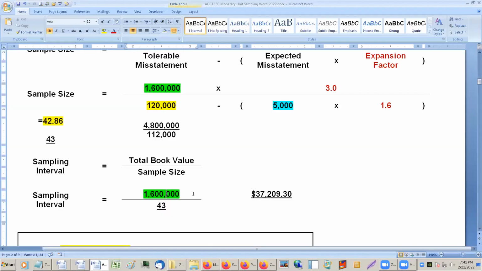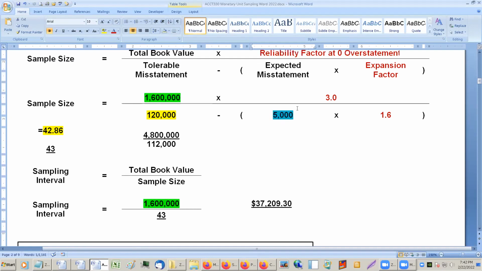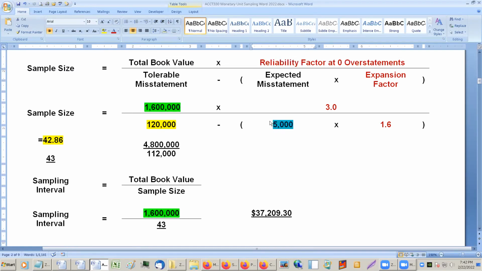Classical sampling, if you expect the misstatement to be off, you can still use it, it's not that much of a problem. And notice that if the expected misstatement is more than the tolerable misstatement, it's going to be infinity, right? So this expected misstatement is very important. Oftentimes this is 0 or a very low number when you use this method. If the expected misstatement is high, this is not a good method to use.